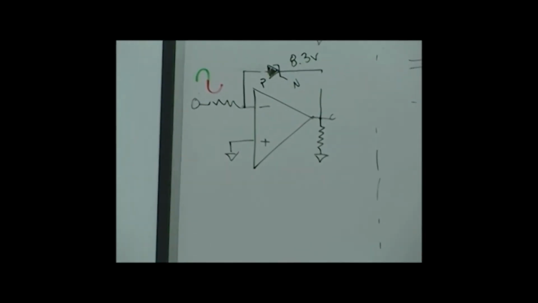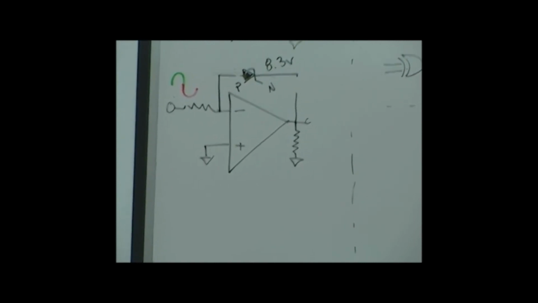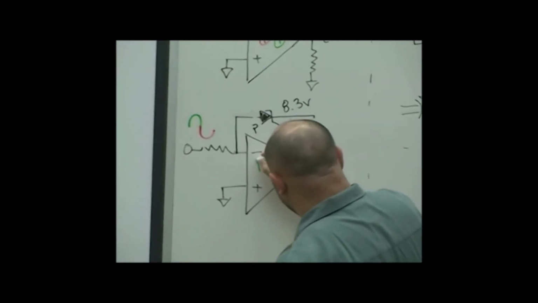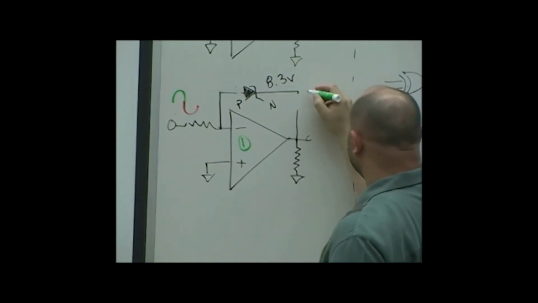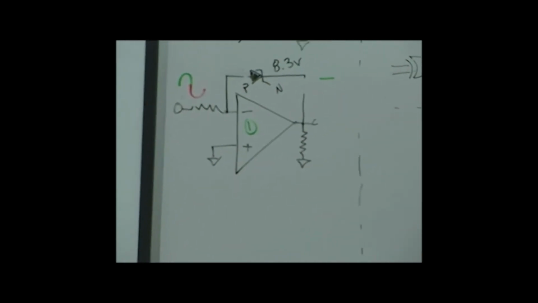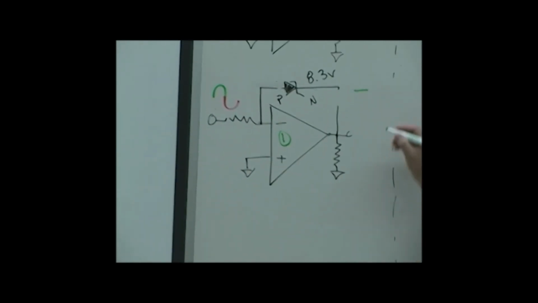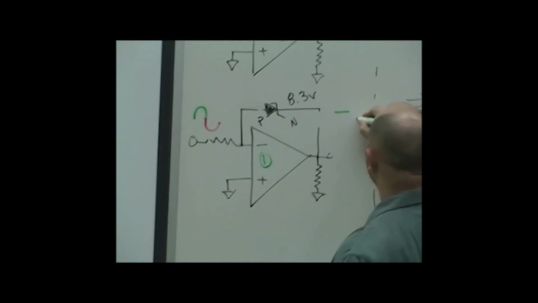There you go. Alright, so the positive half cycle is going to be inverted to what? To negative. Okay. And so since it's on the positive type of material, it'll be forward bias to 0.6 volts. Yeah, there you go.